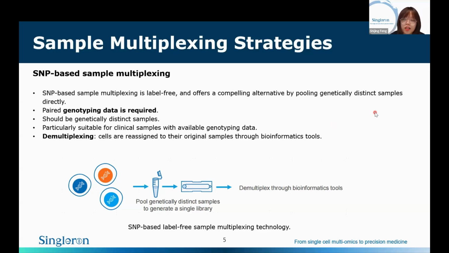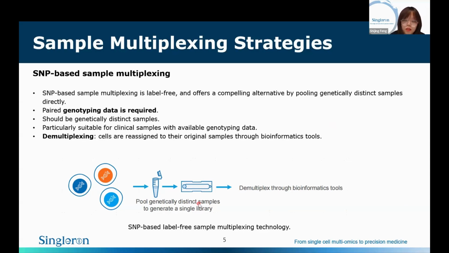This strategy is especially suitable for clinical samples that already have genotyping data like WES available. As long as these samples have enough genetic variants, they can be mixed in a very straightforward way without any sample tagging procedures.